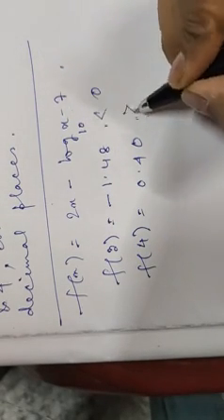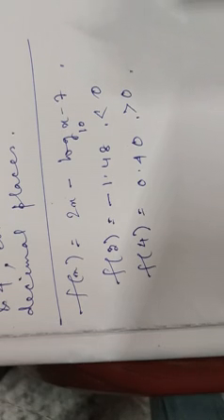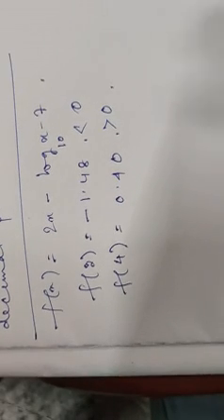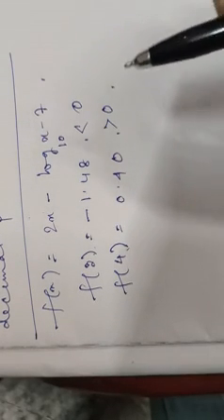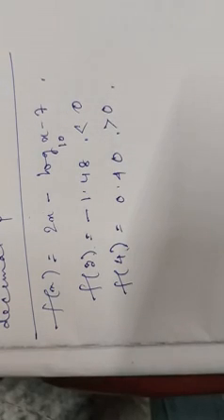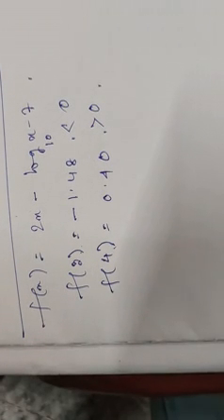This is less than 0, this is greater than 0. That means one root lies between 3 and 4. So we can use the procedure of the regula falsi method.